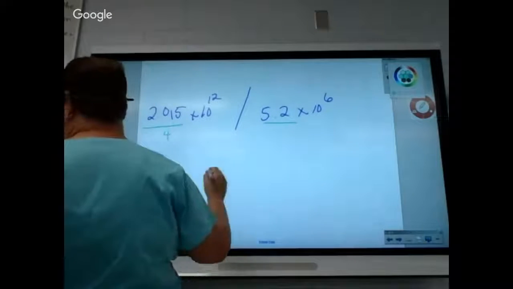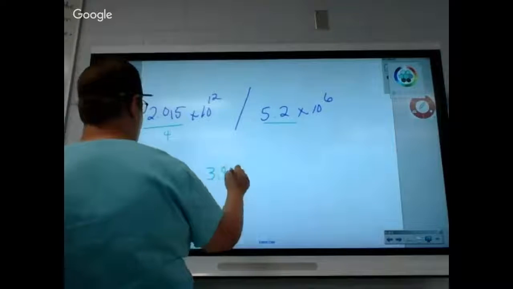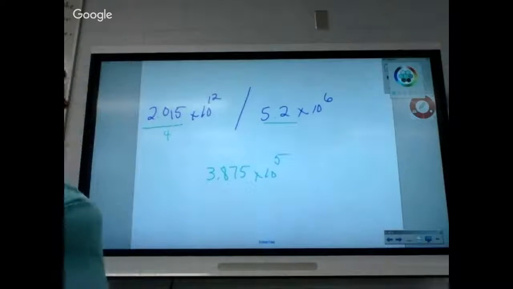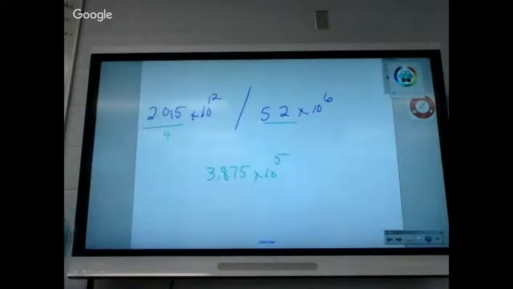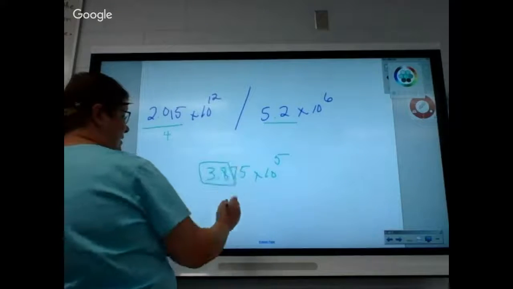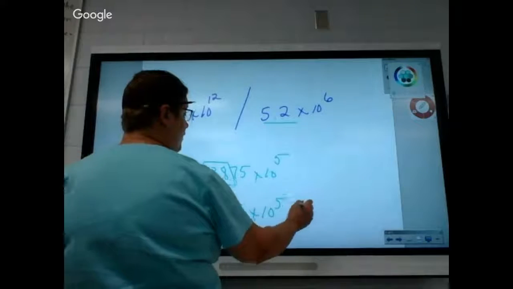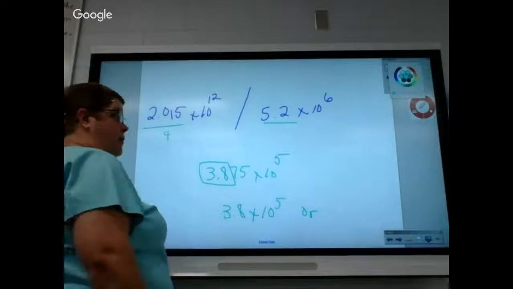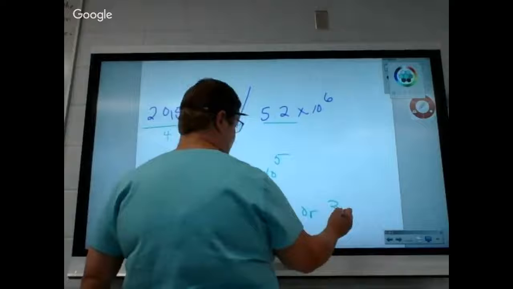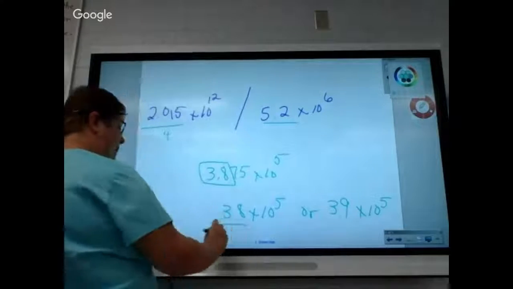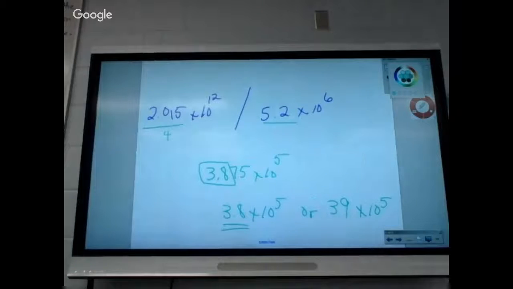So when we divide, we get an answer of 3.875 times 10 to the 5th. So how many am I keeping in my answer? So I'm just going to keep these and go with 3.8 times 10 to the 5th. Or if you felt so led and wanted to round up, you could say 3.9 times 10 to the 5th. But again, I am fine if you leave it at 3.8. I'm not going to get upset by that.